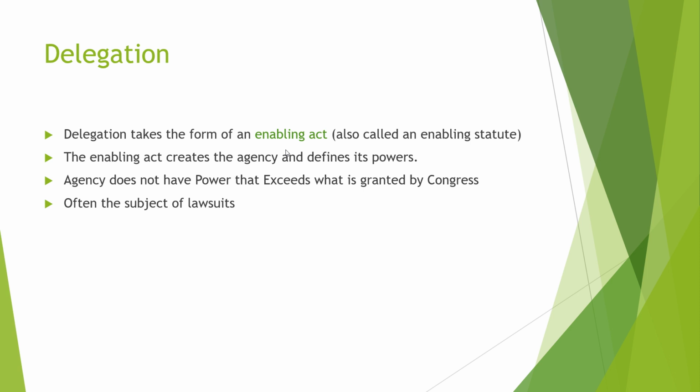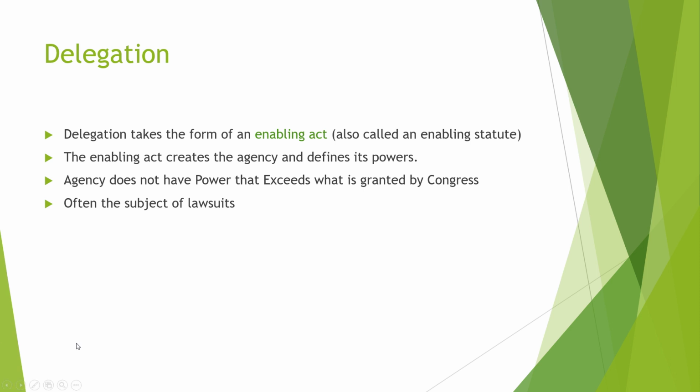So that has kind of been a big issue when we start talking about climate change, that the EPA hasn't had the power to regulate greenhouse gases. Or maybe hasn't opted to. But anyways, we'll talk about that later. But so you can't exceed the power. So if your power is granted by Congress, you can't exceed that.